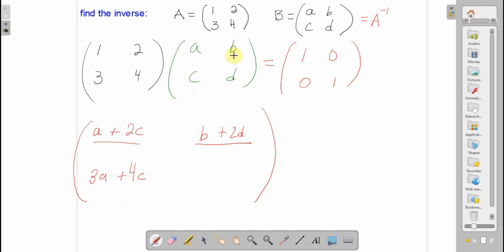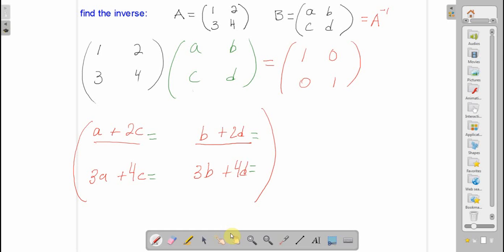And then we work in the second column, 3B, 4D. It looks like we have ourselves two systems of equations. So all we're missing is the right hand side for everything.